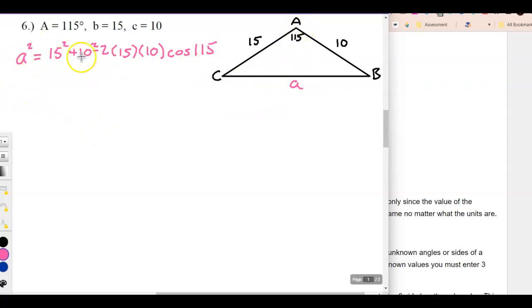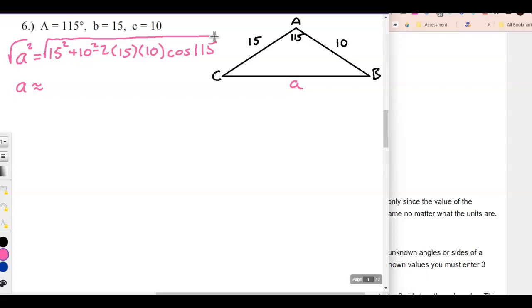Alright, so now I just need to put this whole thing into the calculator. Take the square root of both sides, of course. So, square root of 15 squared plus 10 squared minus 2 times 15 times 10 times the cosine of 115 degrees.